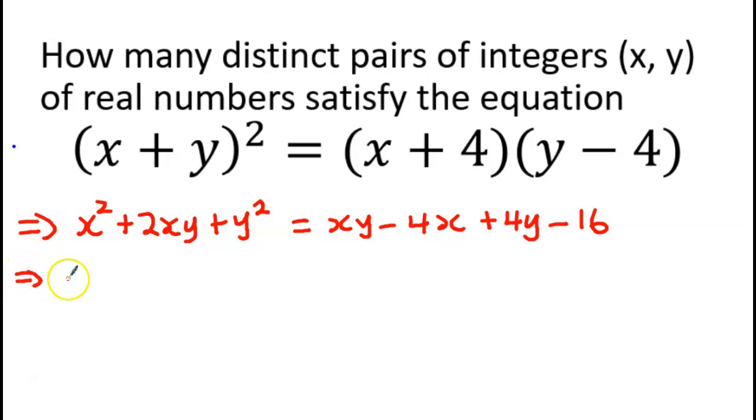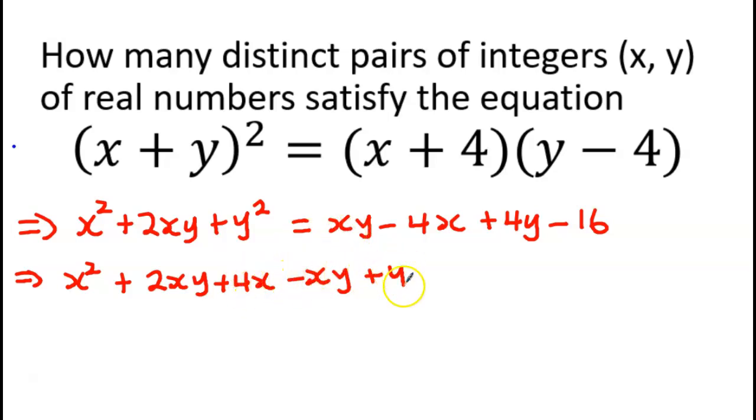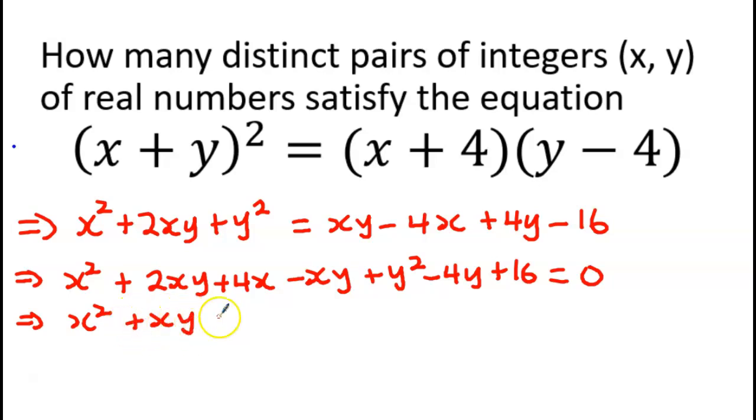This implies x squared plus 2xy, then plus 4x minus xy plus y squared minus 4y plus 16 is equal to 0. So we have x squared, now 2xy minus xy, we have xy, plus 4x plus y squared minus 4y plus 16 is equal to 0.